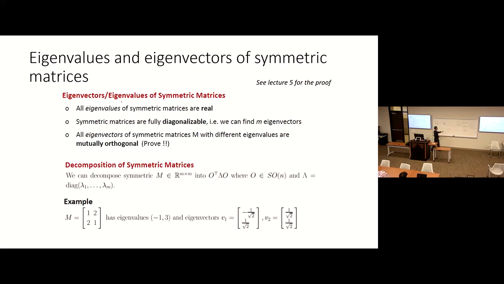This is a square matrix, and also an example of a symmetric matrix. If you transpose this, you get the same thing. It is called symmetric because the off-diagonal positions are the same.